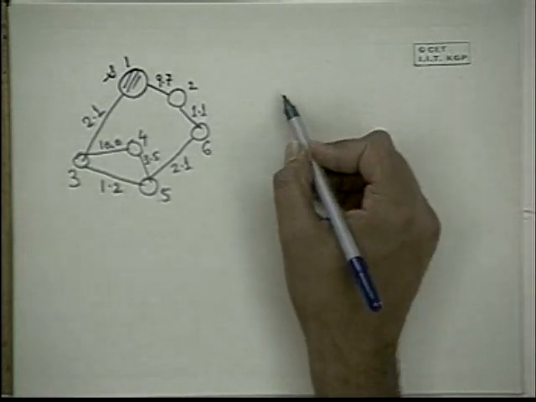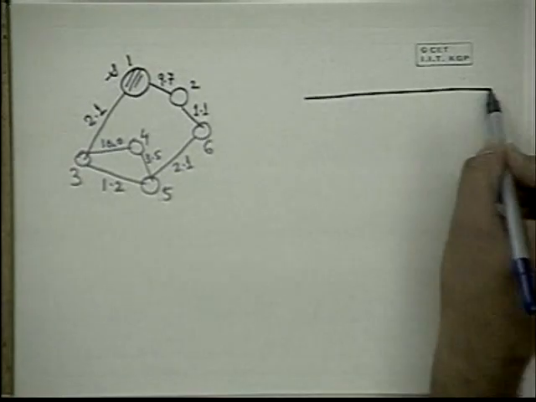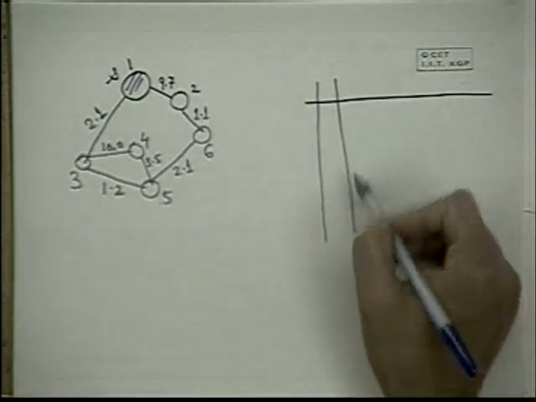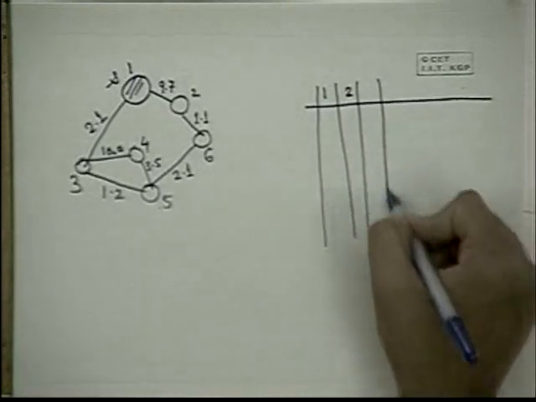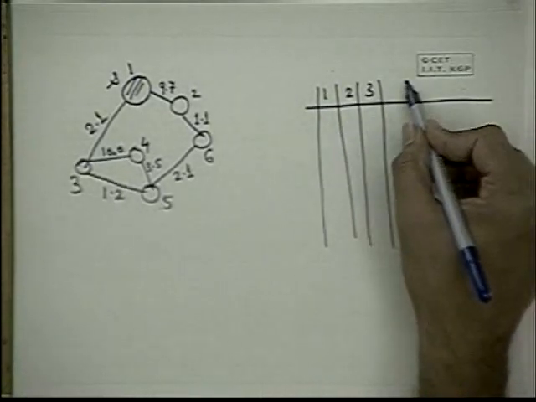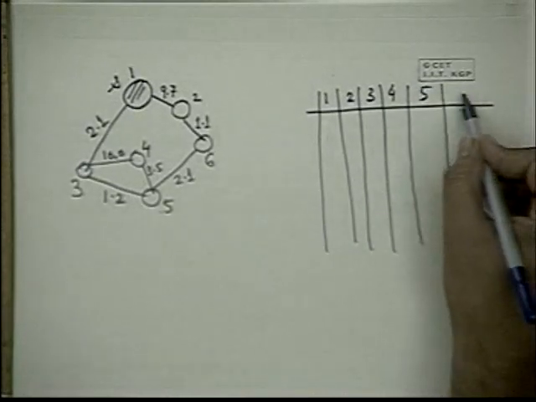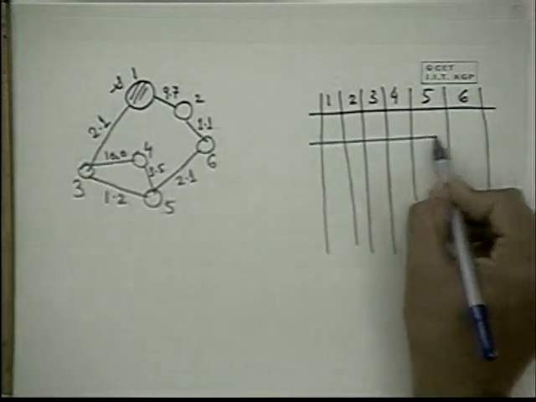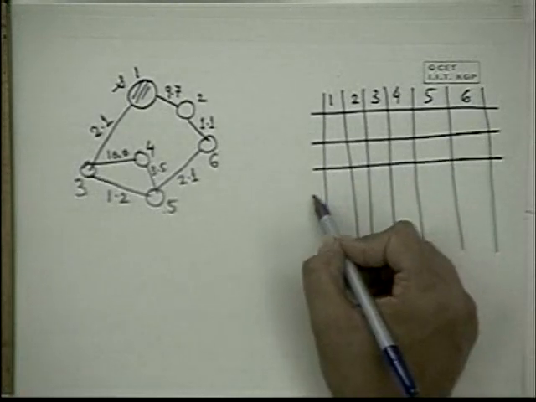Here I am showing the steps in a matrix form, with columns 1, 2, 3, 4, 5, 6, and we will see how the priorities change.